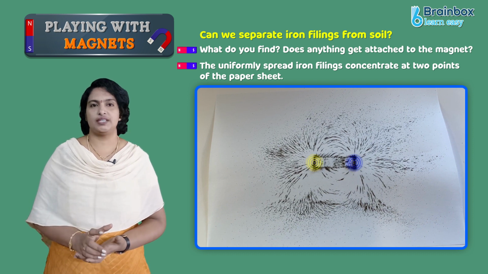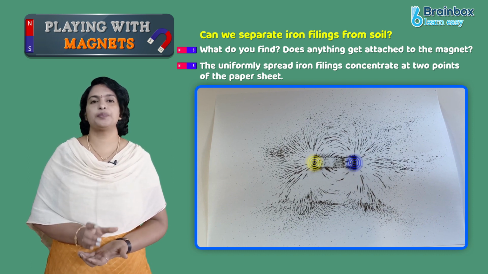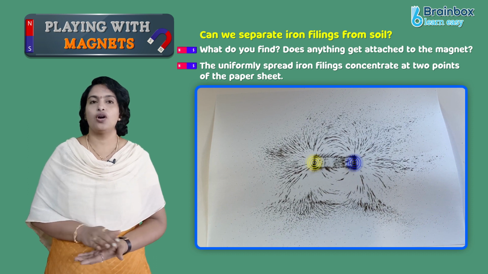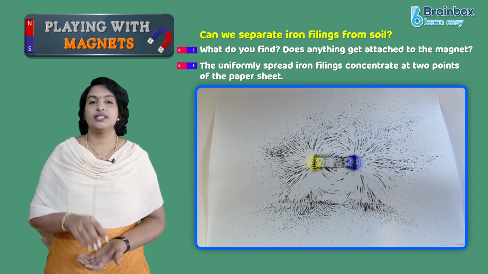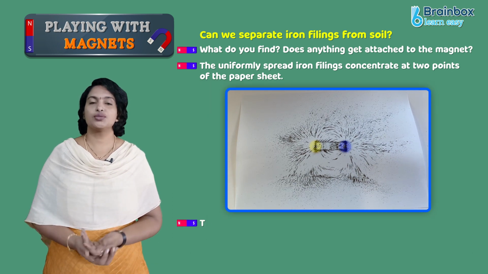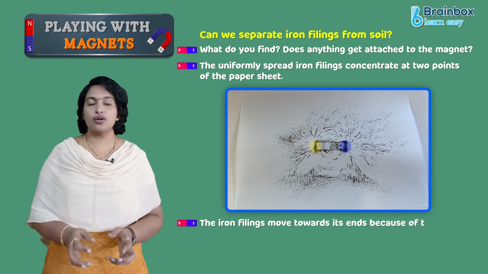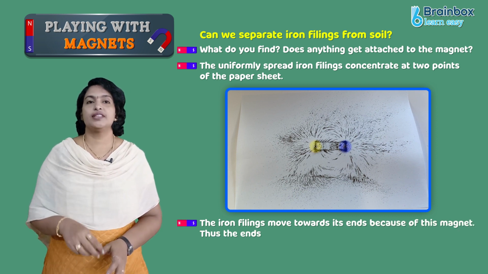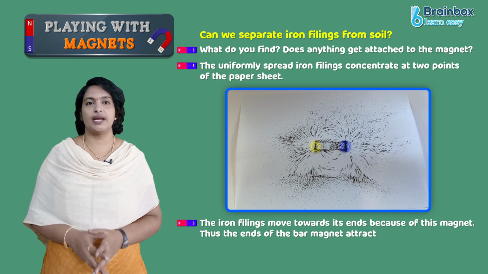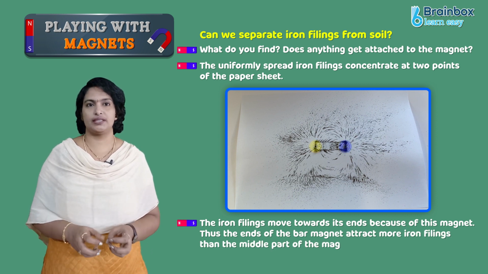At some distance, you will find some scattered iron filings between these two points. This change in the spread of iron filings on the sheet of paper is due to the magnet present below it. So the iron filings move towards its ends because of this magnet. The ends of the bar magnet attract more iron filings than the middle part of the magnet.